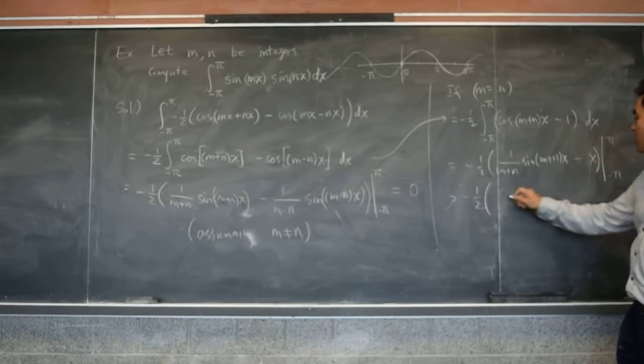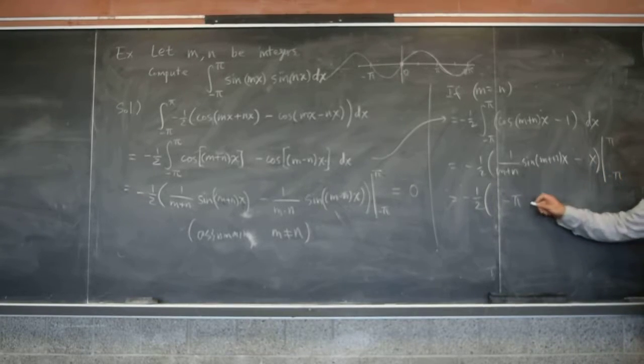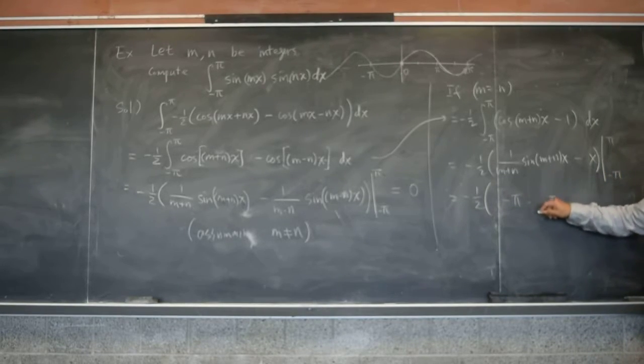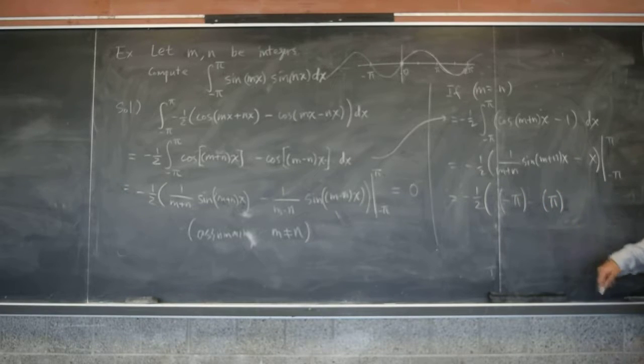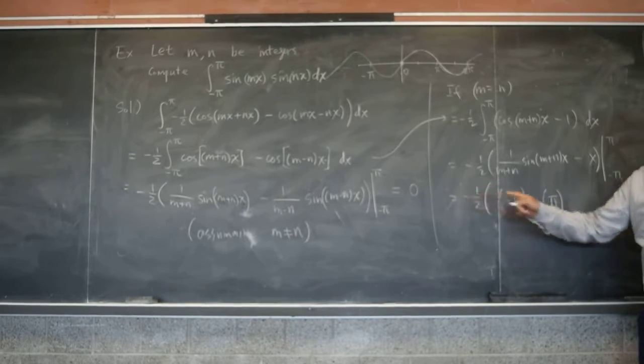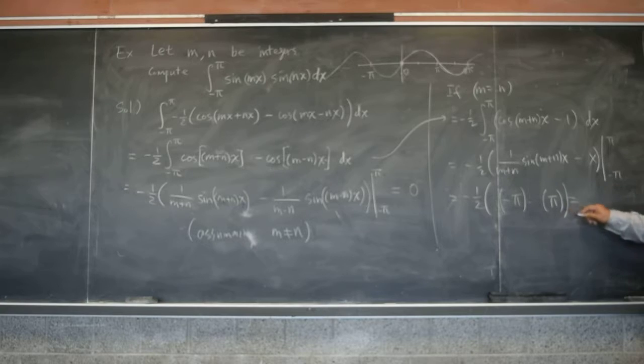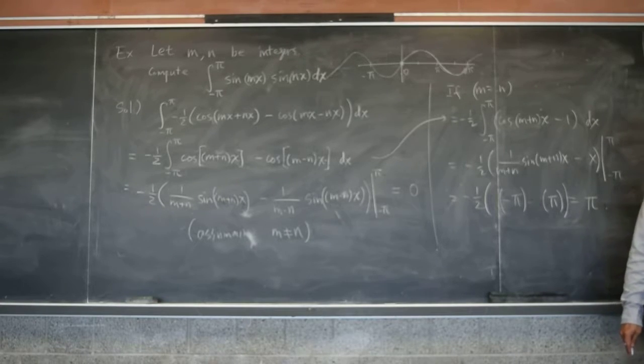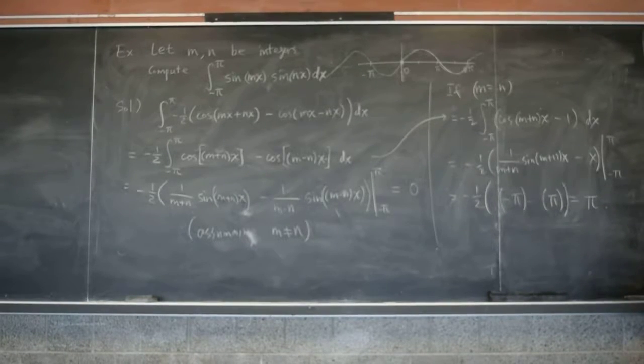If you plug in pi, you get negative pi. If you plug in negative pi, you get pi. If you subtract those two, you get negative 2 pi, but times negative 1/2, you get positive pi. So the result of this question is actually pretty complicated. If m is equal to n, the answer is pi. If m is not equal to n, the answer is 0. So that's the result.